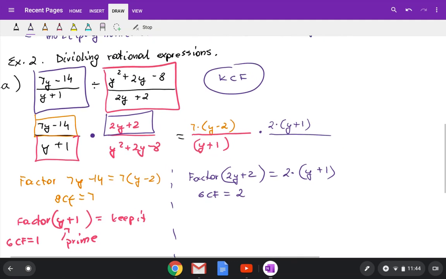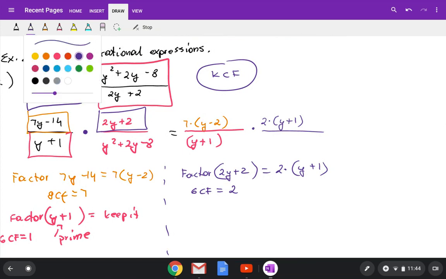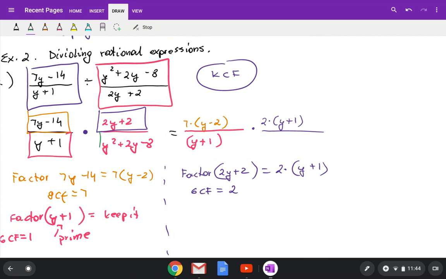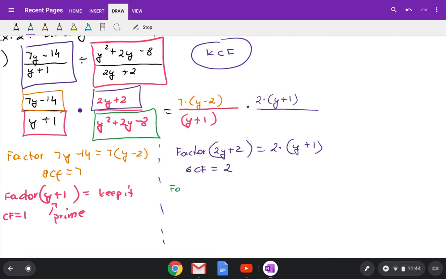And last one, the one which takes the most work, we're going to factor this quadratic expression, y squared plus 2y minus 8, using the AC method. This is that easy case because a is equal to 1, b is equal to 2, c is equal to negative 8.